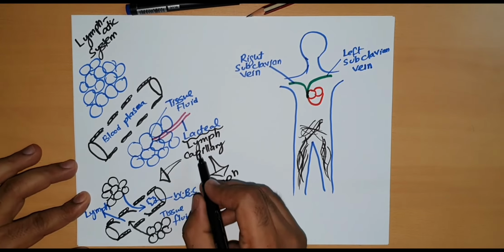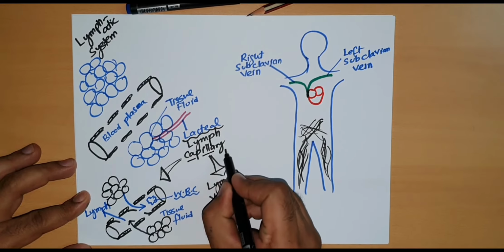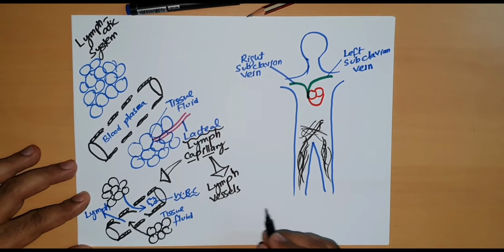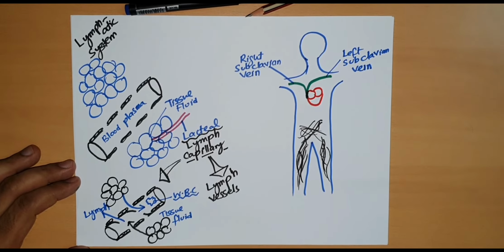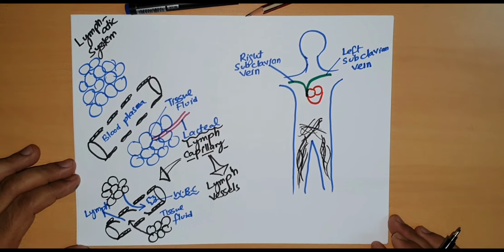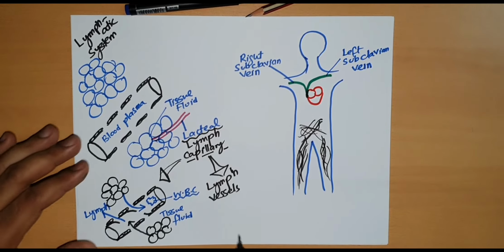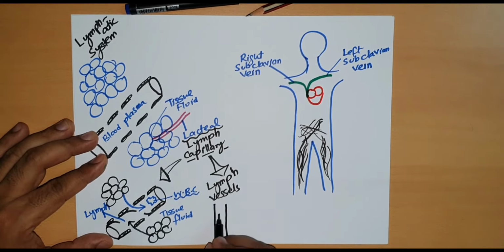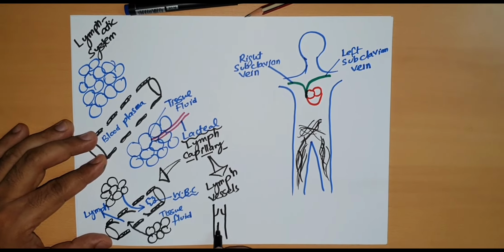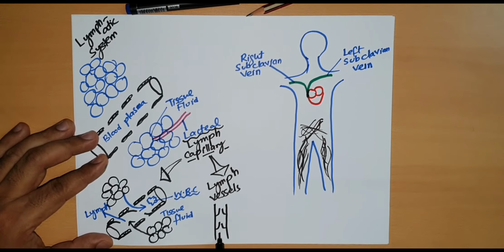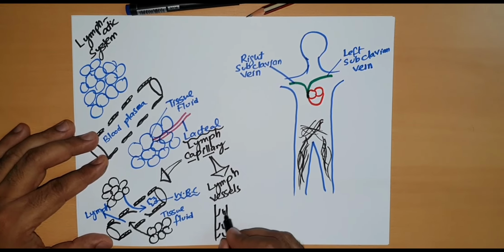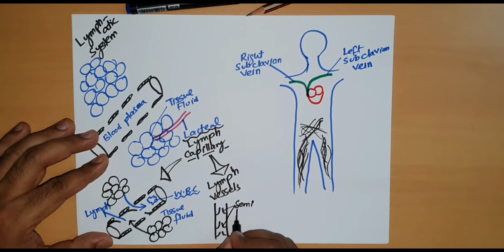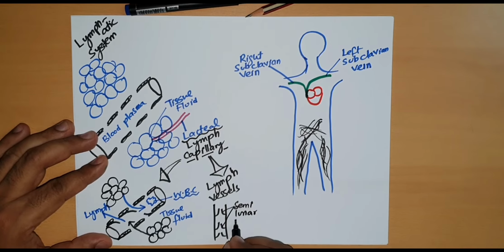Over here, when the lymph capillaries join together, they make lymph vessels. The structure of lymph vessels and veins is exactly similar. Even the function is similar: lymph vessels also contain semilunar valves. So over here, I just drew one lymph vessel, and it also contains a semilunar valve.